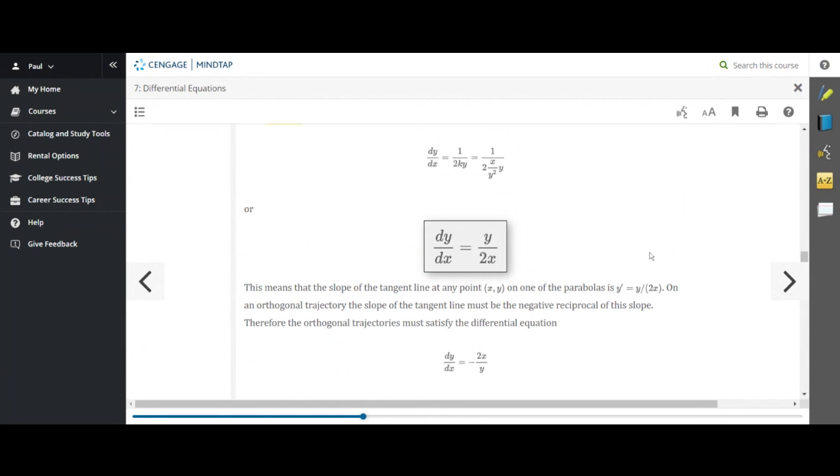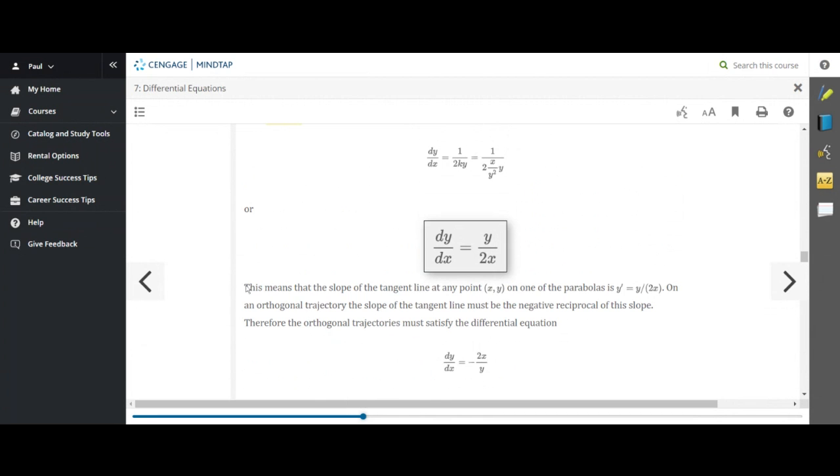For this set of parabolas, the set of parabolas x equals k times y squared, the derivative with respect to x for those parabolas is equal to y divided by 2x.